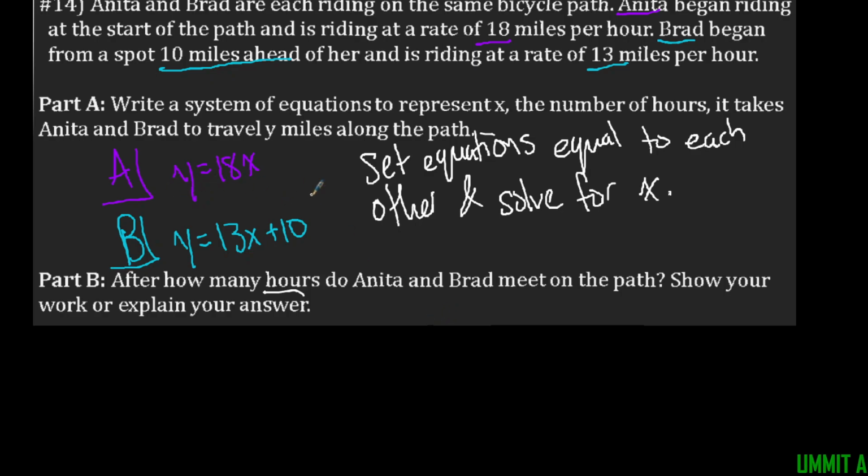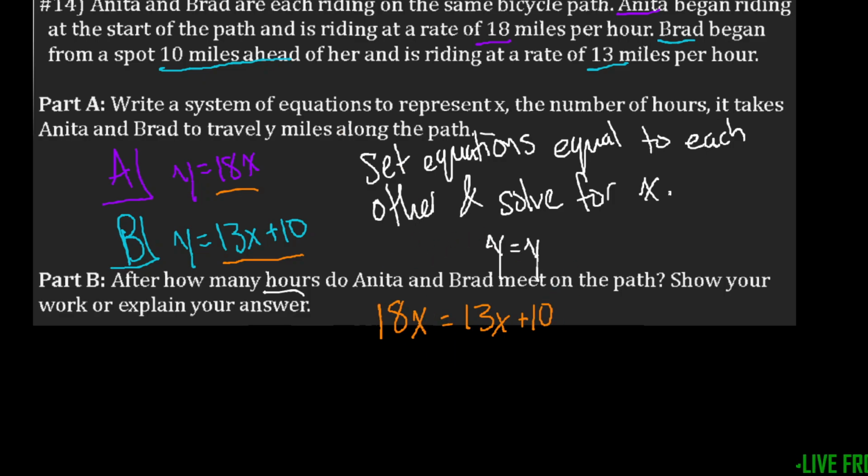But setting them up as y equals y isn't going to be helpful. So what we're going to actually do is set it up like this. I'm going to set it up as this side is equal to this side. We set it up like a normal equation. So we're going to say 18x is equal to 13x plus 10. So you need to be able to solve it like this.